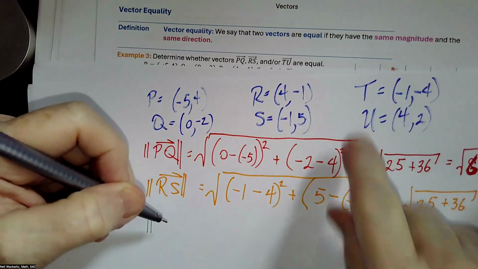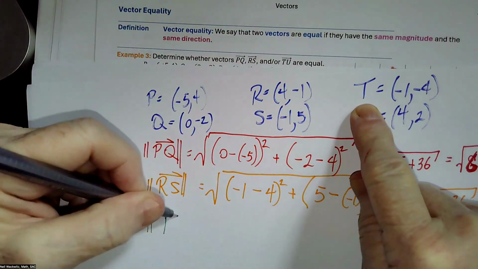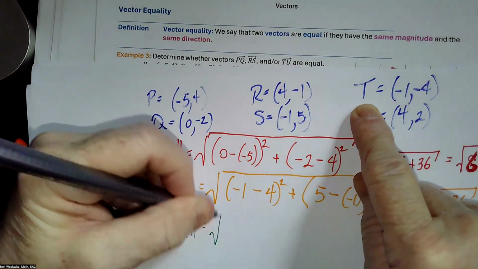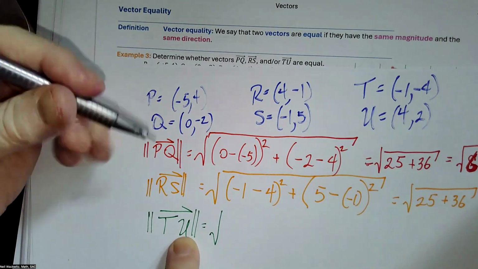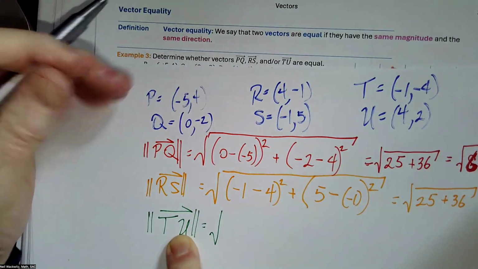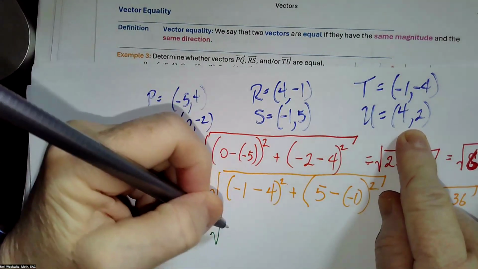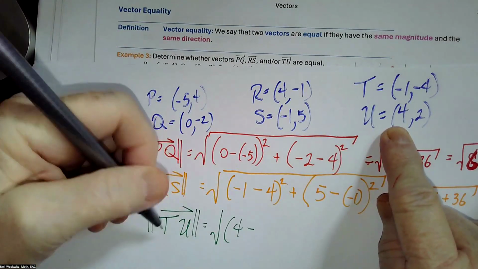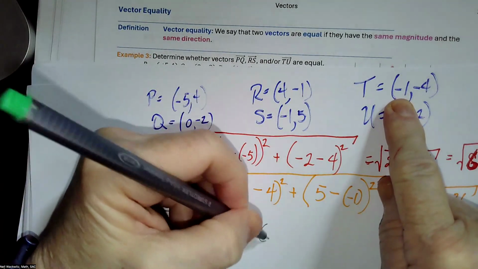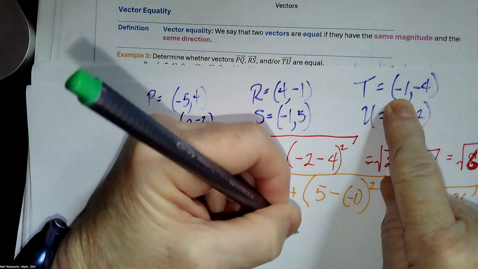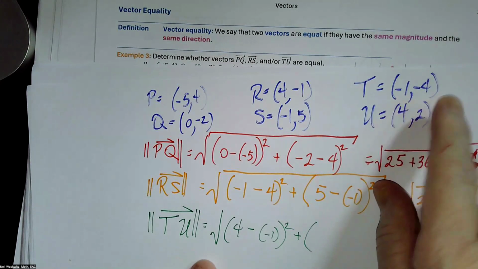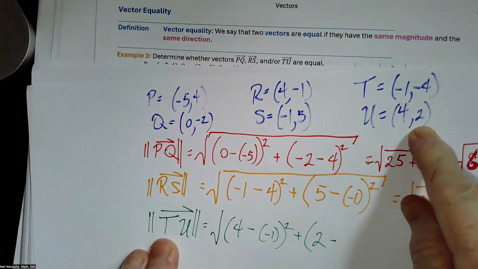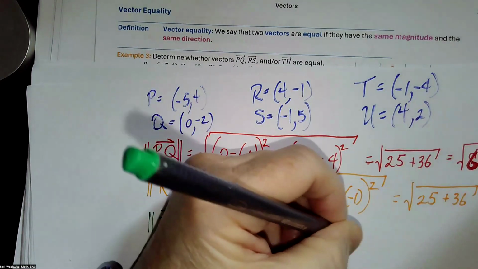And now let's find TU. The x coordinate of U is 4. The x coordinate of T is -1. The y coordinate of U is 2. The y coordinate of T is -4.